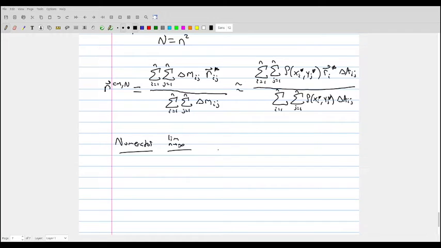In the limit, the numerator becomes the double integral over R of the density function at some point x, y multiplied by the vector R dA. So it's this double integral.